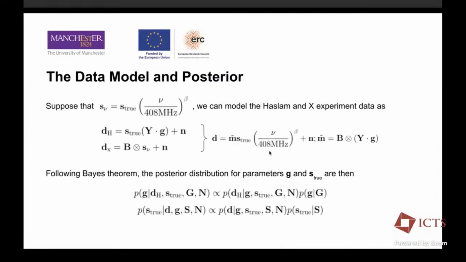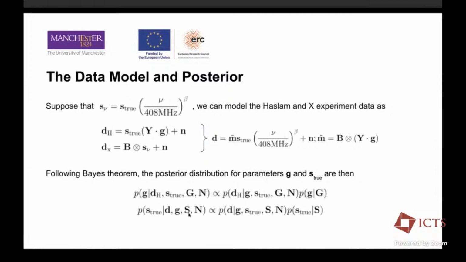Following Bayes' theorem, the posterior distribution for the parameters G, the gains, and S, the signal, is given by this equation. The posterior is proportional to the likelihood multiplied by the prior. Big G here is the covariance of the gain, and big S is the covariance of the signal.